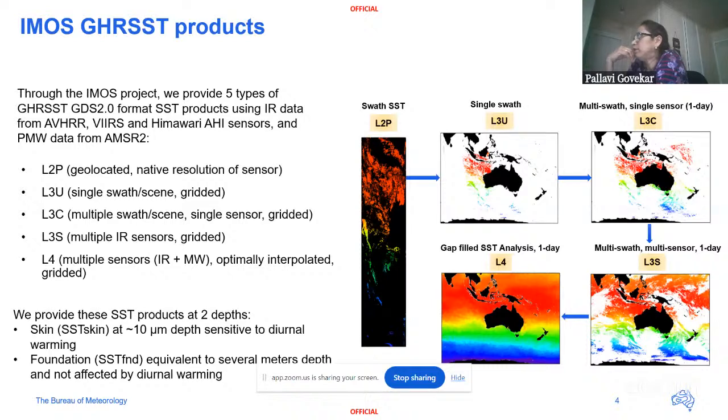These are formed with data from AVHRR, VIIRS, and Himawari infrared sensors and the MSAR2 microwave sensor. We provide these products at two depths: skin SST at around 10 micron depth, and foundation SST, equivalent to SST measured at several meters depth, or SST measured at night or in well mixed conditions.